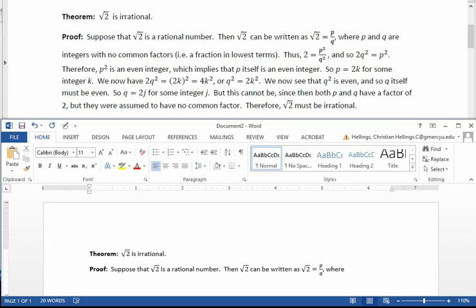Now notice in the original, P and Q are in italics because they are math symbols. So, you know, a good and professional way to do it is to go into the equation editor, even for something like that.